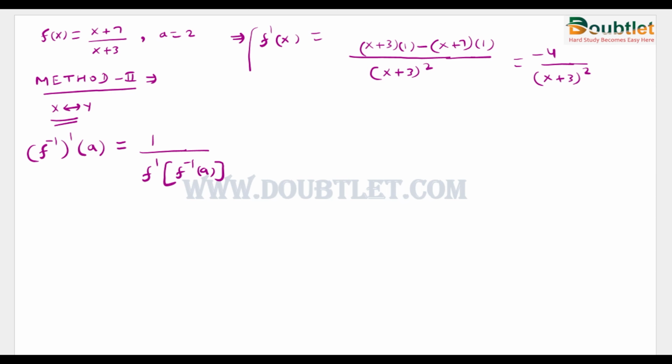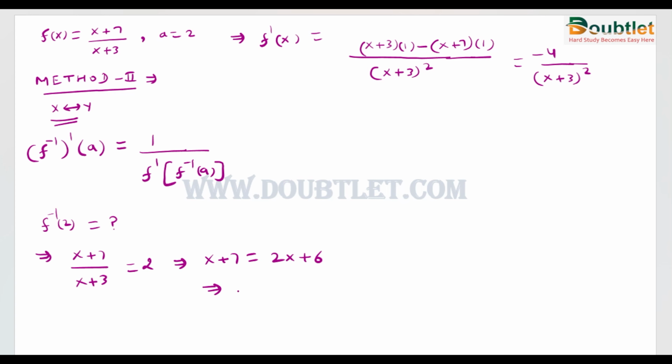After getting the differentiation, now we need to find the value of f inverse 2. Basically this means that we need to find the value of x such that (x + 7) divided by (x + 3) = 2. If we solve this, we get x + 7 = 2x + 6.